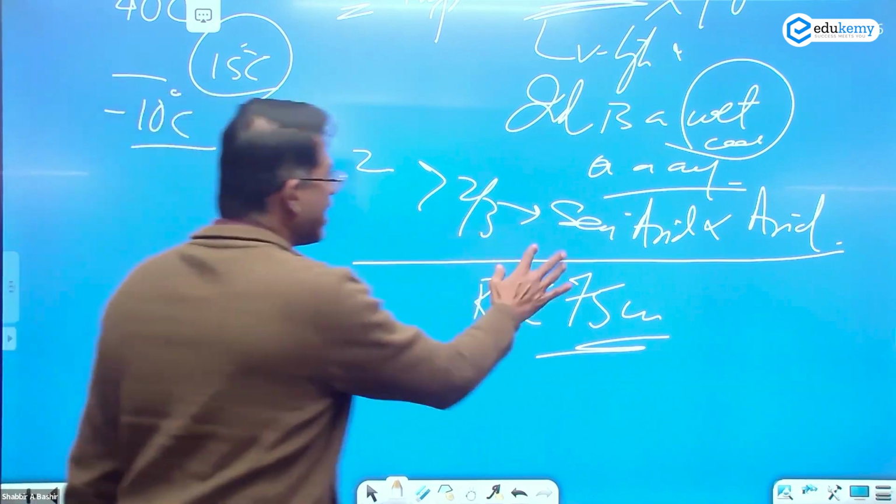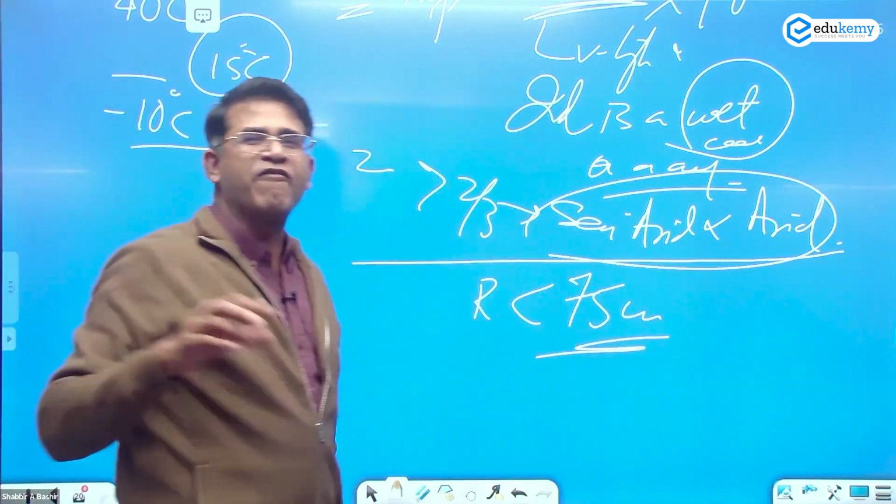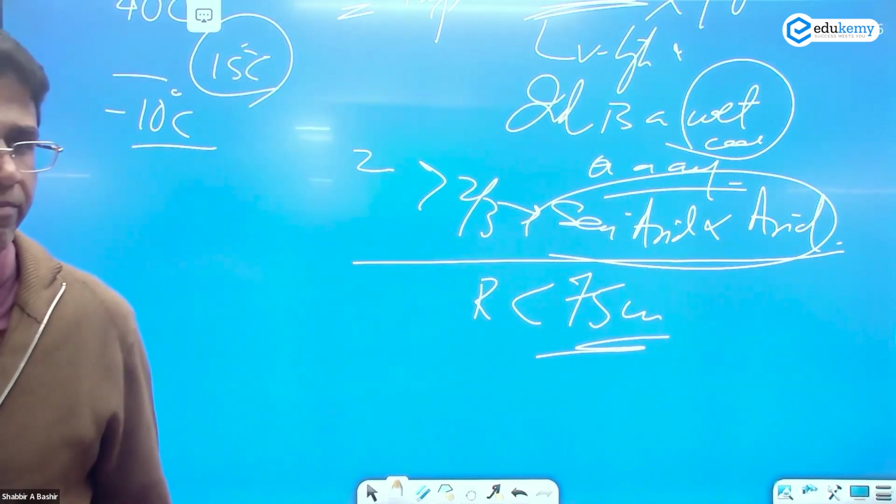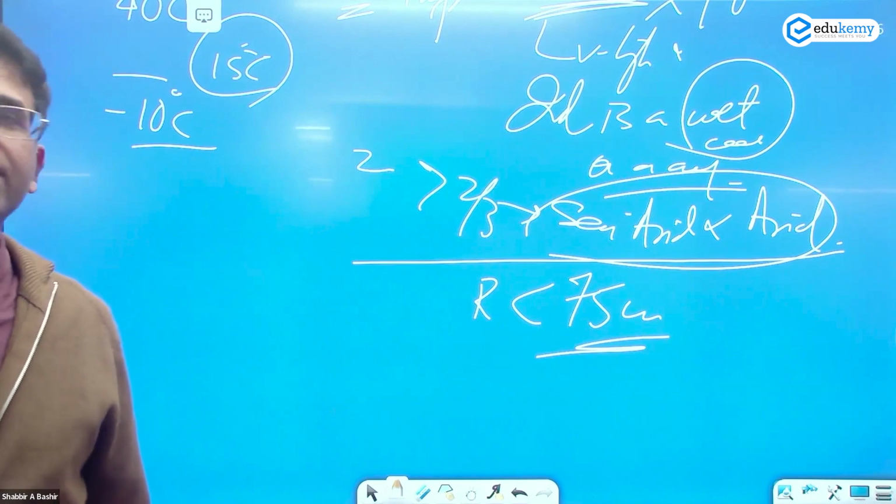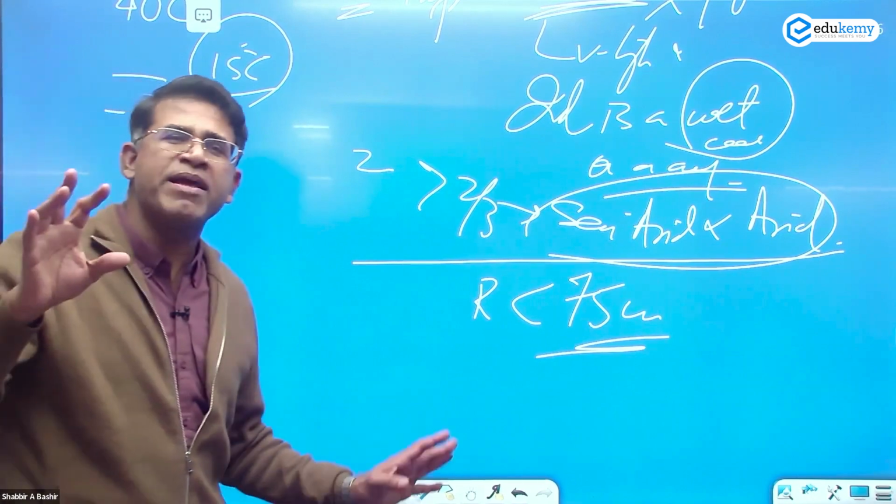So India is essentially a variant of savanna climate. Let's accept that. Okay, deserts नहीं है but semi-arid region है.